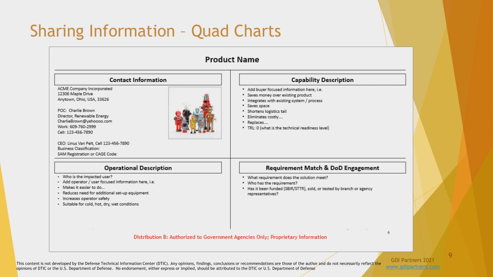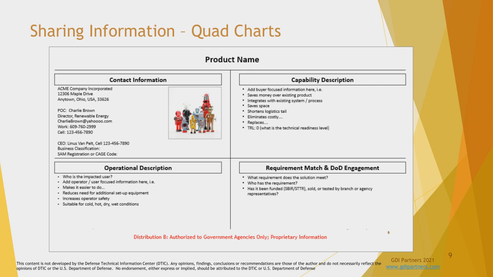In the lower right quadrant, requirement match and benefit, this goes back to who has the problem, how are we meeting the problem, why is it important, have we worked with anyone else, have we talked with other DoD groups, have we received funding, have we had demonstration opportunities. So this gives them all of the information they could possibly need, high level, in one chart.